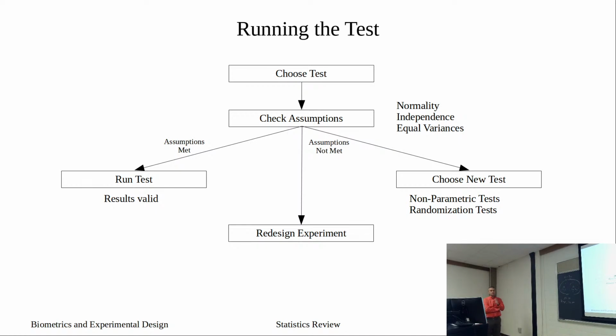These are all tests that you should have already covered: t-tests, z-tests, some variance tests, and so forth. And then when we get to the ANOVA, that's its own presentation. We'll spend quite a bit of time reviewing, checking the assumptions, doing post hoc tests. I mean, there's a lot to do with the ANOVA.